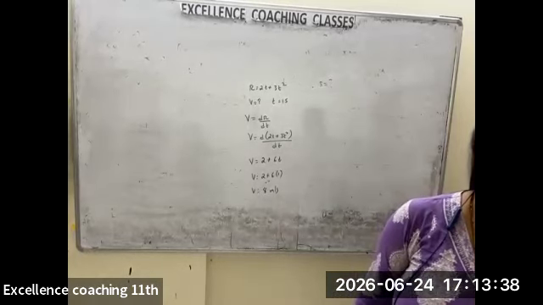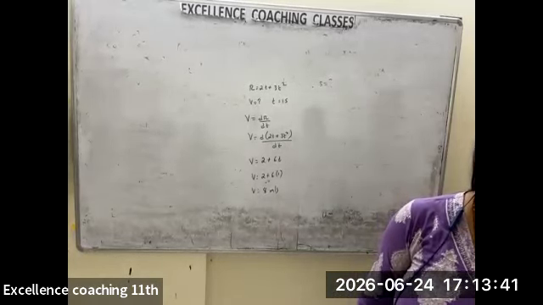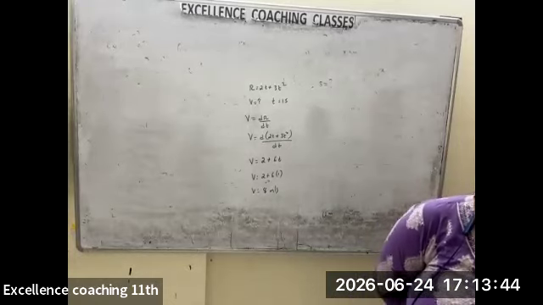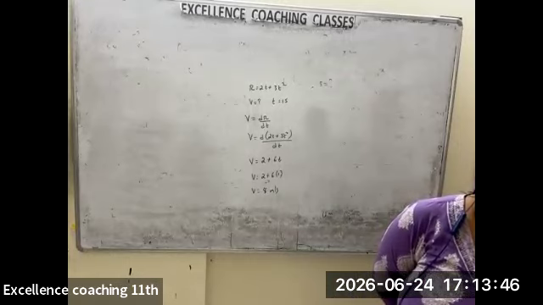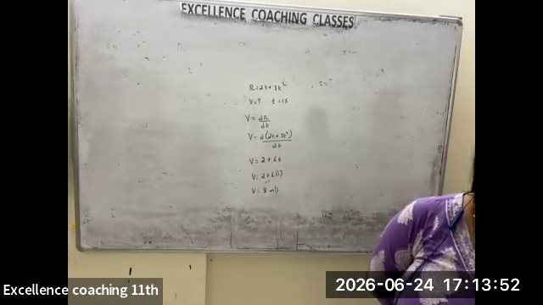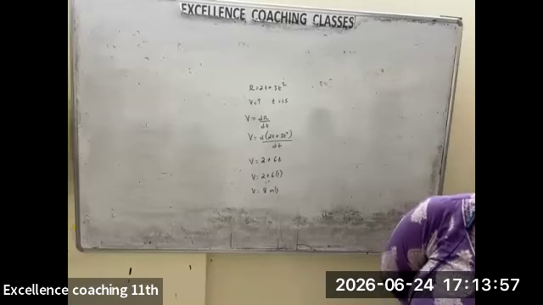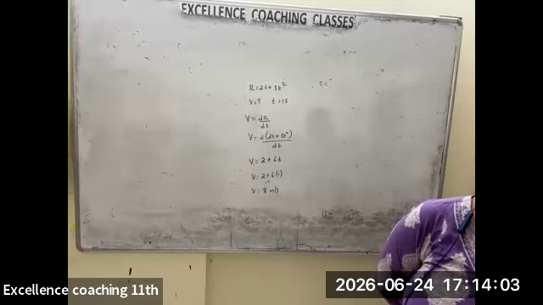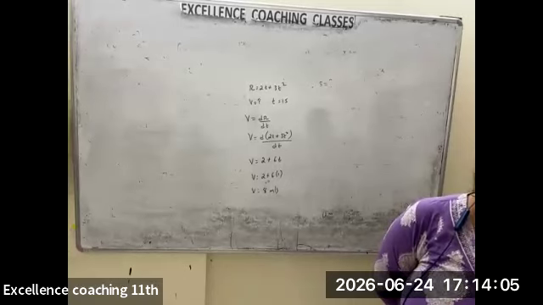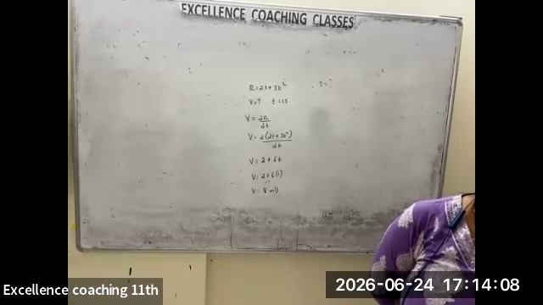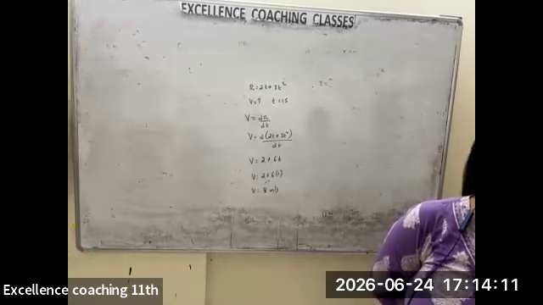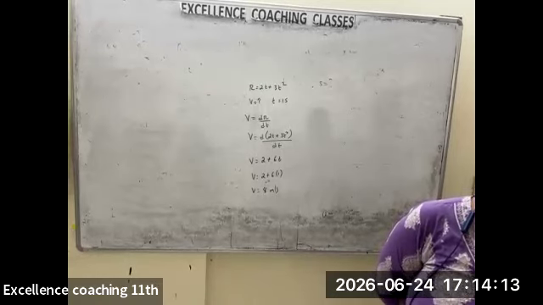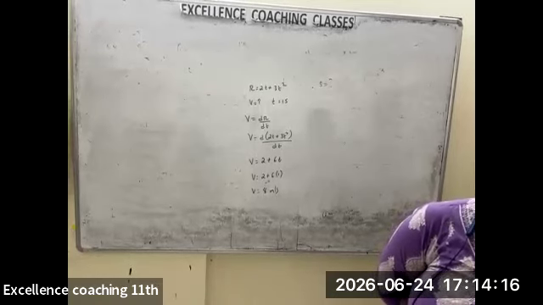Solve the next one. Read it. The velocity of a particle at 2 seconds is 1 meter per second. So what is given over there? Velocity is given at a particular time.